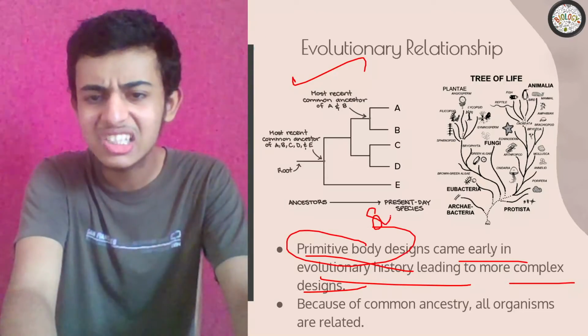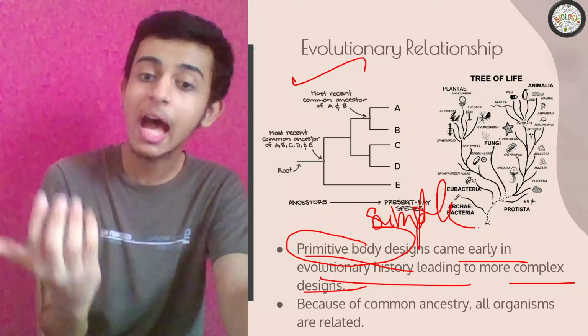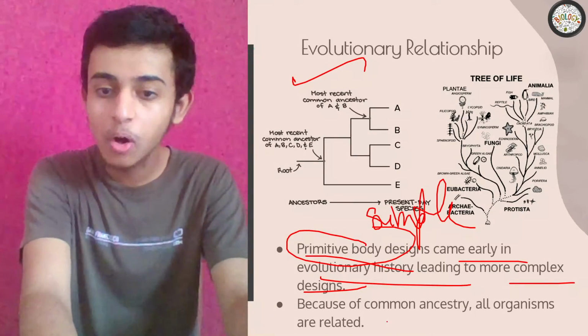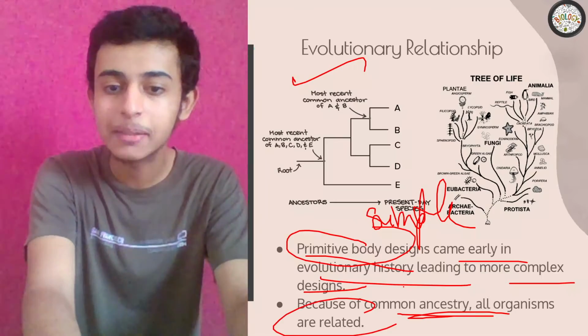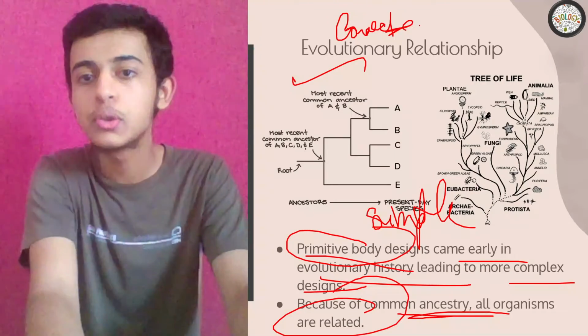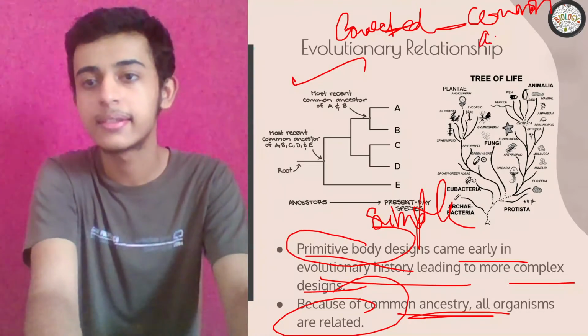Primitive means very simple, simple body designs earlier, now complex. Due to evolution, because of common ancestry, all organisms are related. All organisms are connected due to having common ancestors.